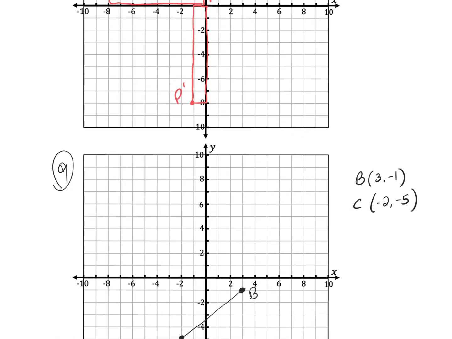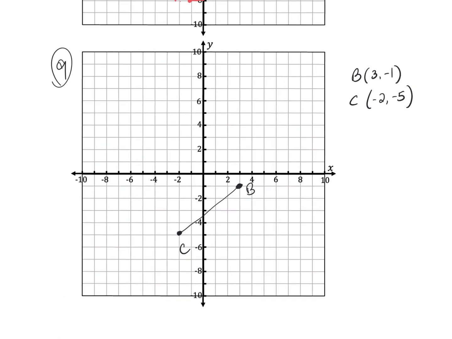Okay, so I have point B, and I'm going to rotate it around point C. Now, if most of you liked Nicky T's method, I'm going to do that one first, and that has fewer steps. Using Nicky T's method, we redraw our X and Y axis so that our point of rotation now becomes our new origin.